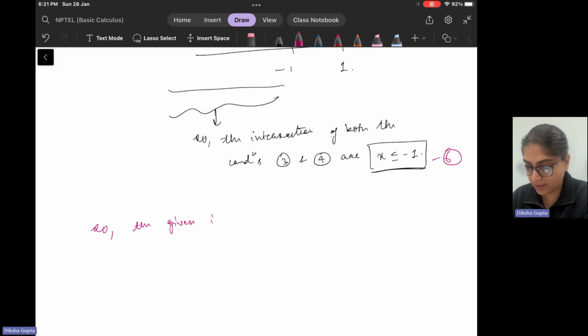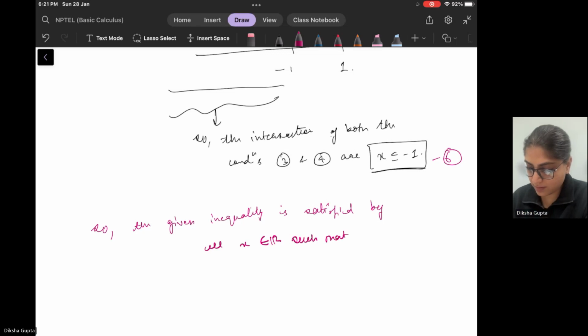So the given inequality is satisfied by all x belonging to R such that x belongs to minus infinity to minus 1, this condition 6, union the condition 5, 3 to infinity.